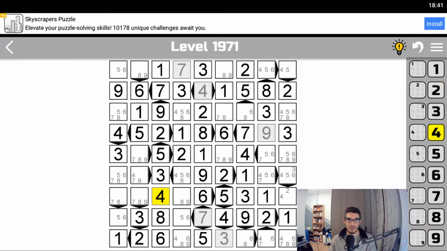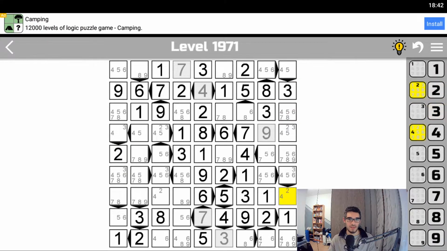So that means that my guess here of that 3 is wrong. So this is not a 3, but that's a 2. Yeah, here we go. So this is a 2. And now I know that this has to be a 2, otherwise it doesn't work. So 3, 2. This therefore is a 3. This is... okay, I don't know yet.